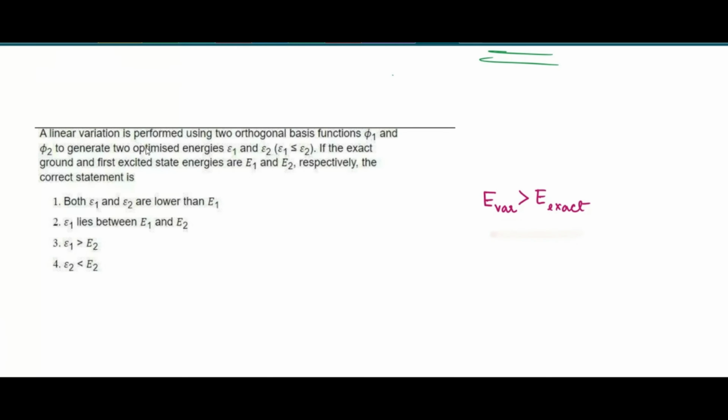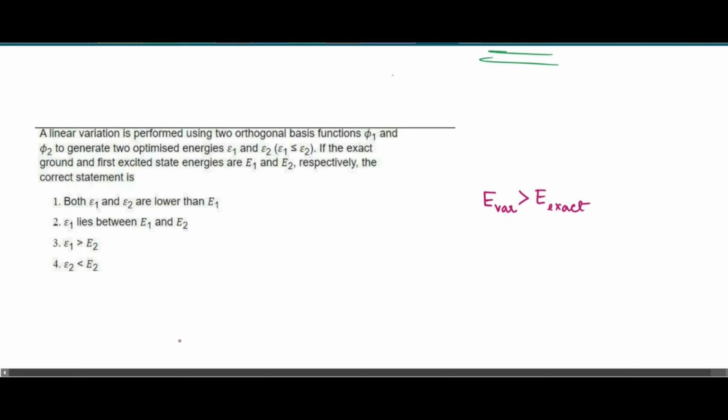Now let's come to this question. You have a ground state and a first excited state, with energies found by the variational principle. I'm going to draw a diagram.